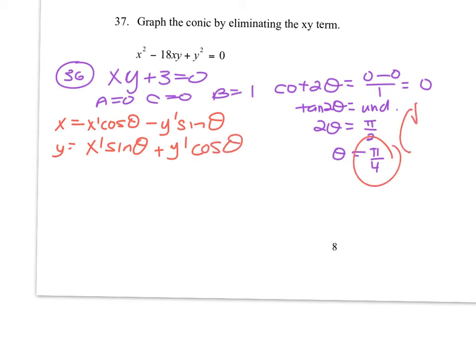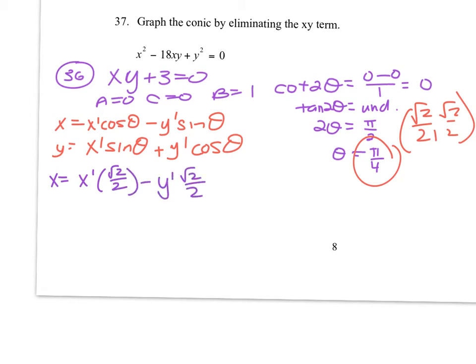So at theta equals pi over 4, the good news is both the x and the y are the same in this case. So I would say x equals x prime times the cosine of theta, which is root 2 over 2, minus y prime times the sine of theta, which is root 2 over 2. And I'd get root 2 x prime minus root 2 y prime over 2. And that's going to be your x.